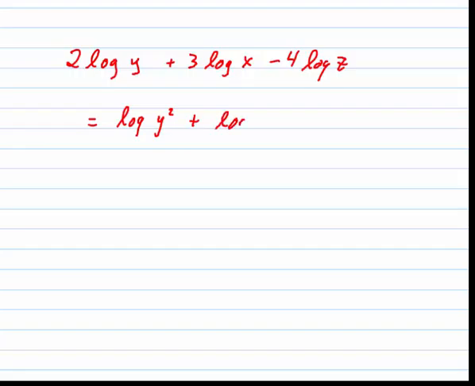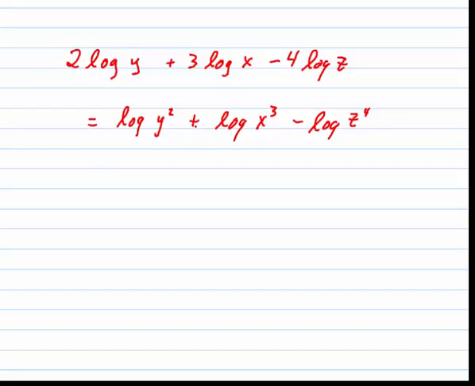And now we can also contract them. Say if we had 2 log of y plus 3 log of x minus 4 log of z. Well, what is that equal to? We can bring those exponents up. That's equal to the log of y squared plus the log of x cubed minus the log of z to the 4th, using property 3 in the opposite direction.